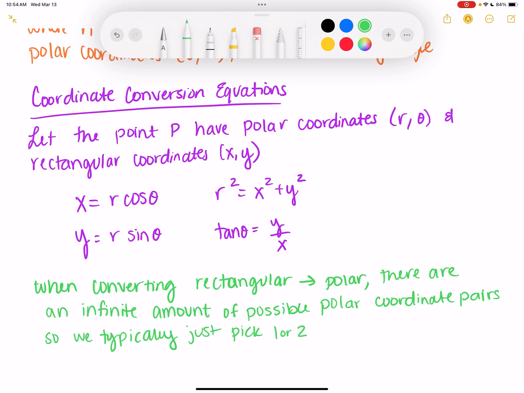I guess I should say possibilities. Because every time we go around, every 360 degrees, we get the same value. And so that's why that's the case.